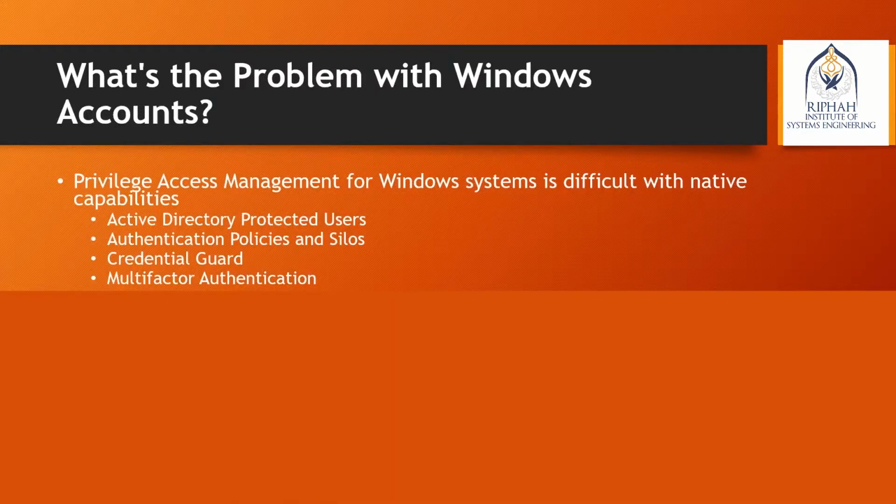We'll get to that. What's the problem with accounts? Also, privileged access management for Windows is difficult with the native capabilities that come with it, things like Active Directory, authentication policies, credential guard, multi-factor authentication.